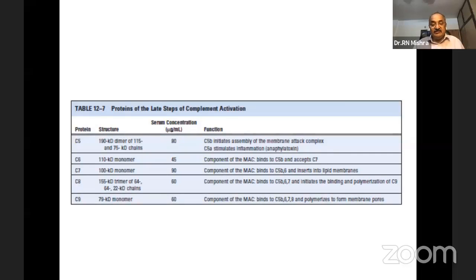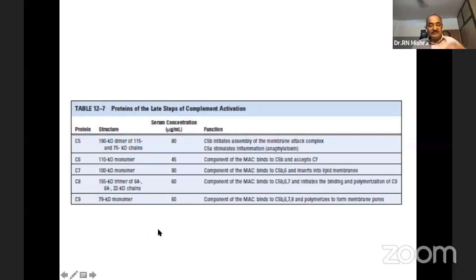It causes accumulation of more inflammatory immune mediated cells into the site of reaction. So this is a component of MAC, C6, it binds to C5b and accepts C7. C7 is a component of the MAC that binds to C5b and 6 and inserts into the lipid membrane.